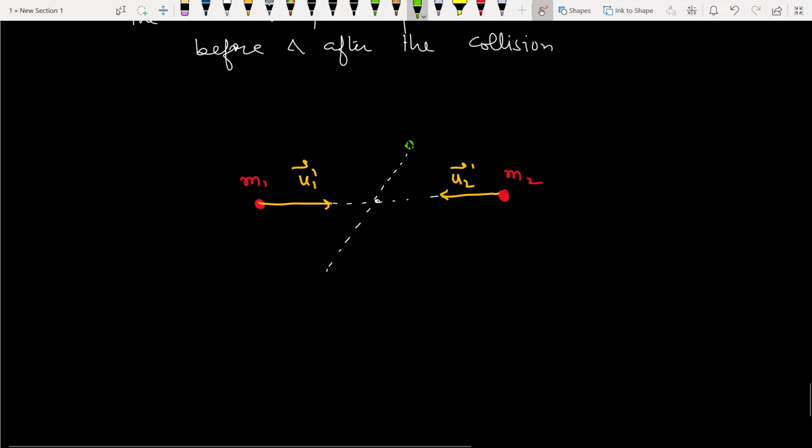Say this is m1, moving with velocity v1 dash, this is m2, moving with velocity v2 dash, and let this angle be theta. So this is the diagrammatic representation of elastic collision in center of mass frame of reference.